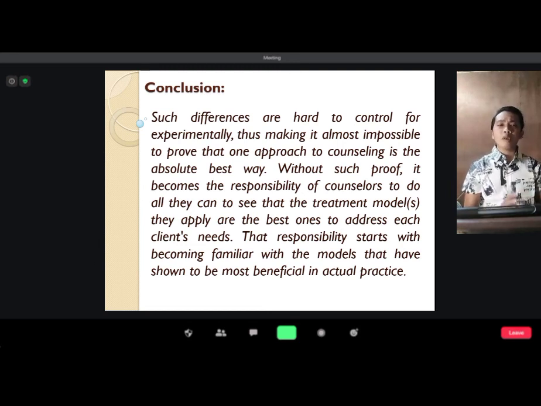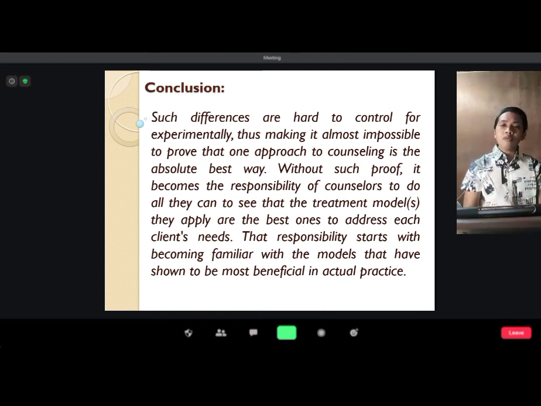So, thus making it almost impossible to prove that one approach to counseling is absolutely the best way. So, kaya ang ginagawa nila daw is pinakahalo-halo yung strategies o yung theories na gagamitin nila.